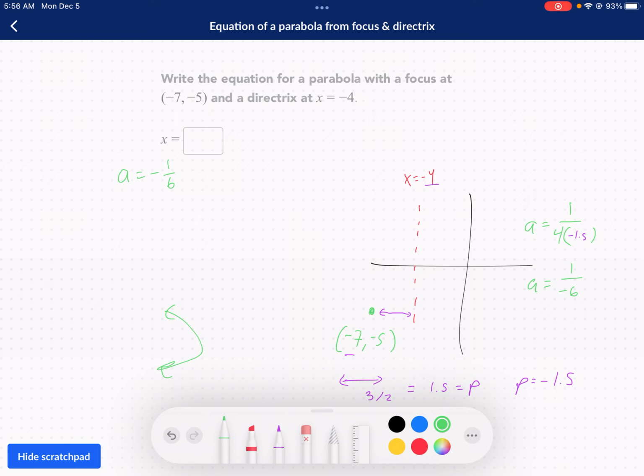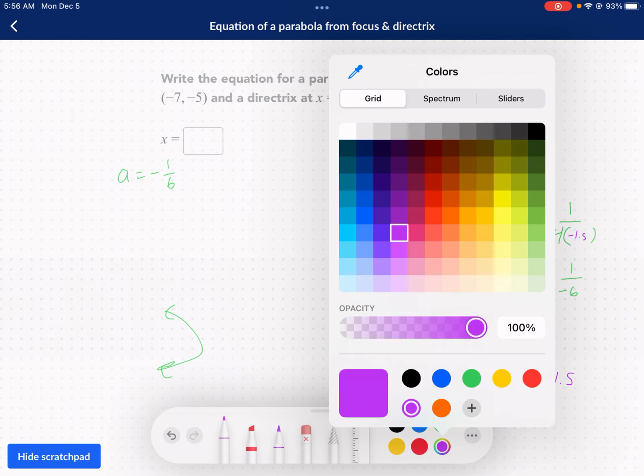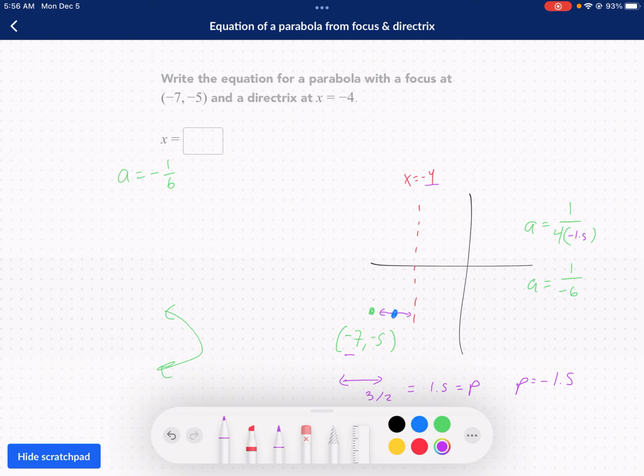I'm going to use that later. Now I need to know my vertex. My vertex is going to be the halfway point between these. That's where my p value is important. Essentially, I just need to go 1.5 from the focus. I'm only changing the x value here, so I'm going to do negative 7 plus 1.5. My y value stays the same for my vertex, so I'm going to keep that negative 5.